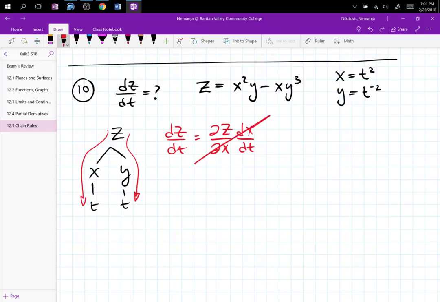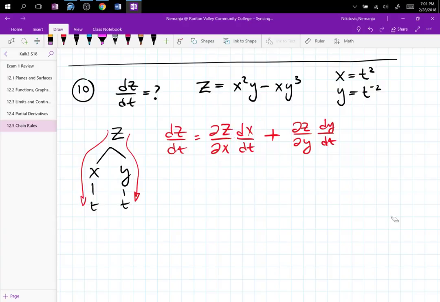Again, as we want to check this, if you cancel dx's, you get your dz dt. So we're good there. There is another branch, so plus, and we have dz dy, that's partials because of the branching, and then dy dt. Again, if I am to cancel these, you get that dz dt is dz dt plus dz dt, so we're good on formula at least.